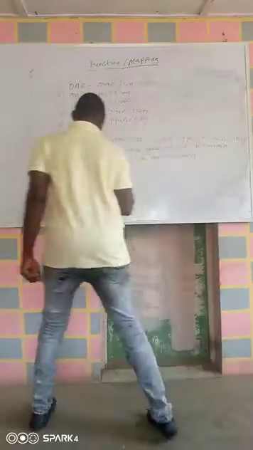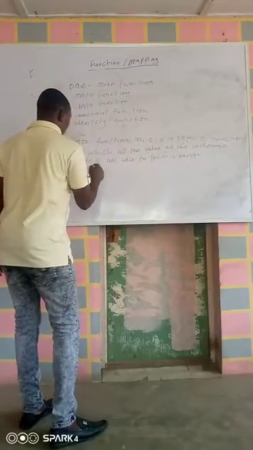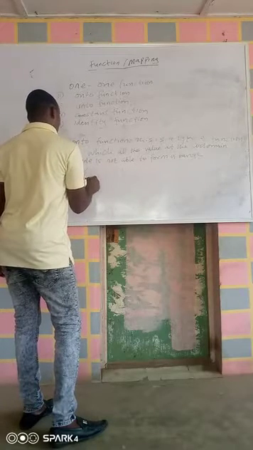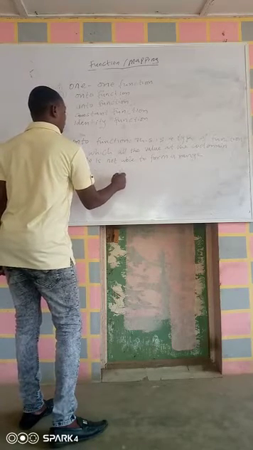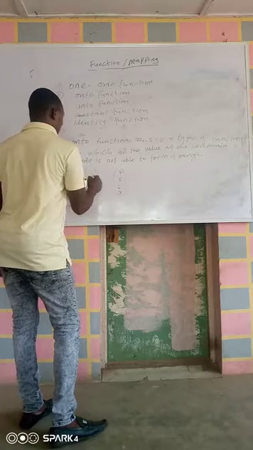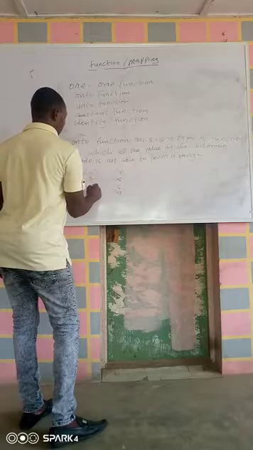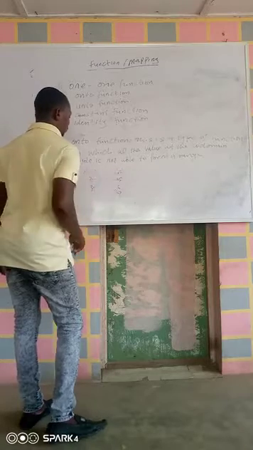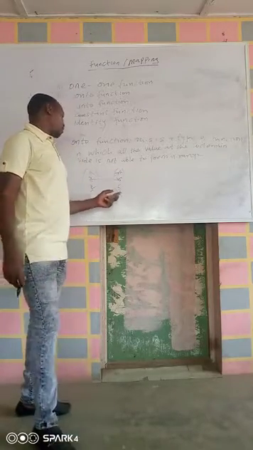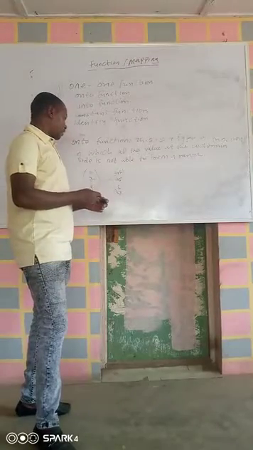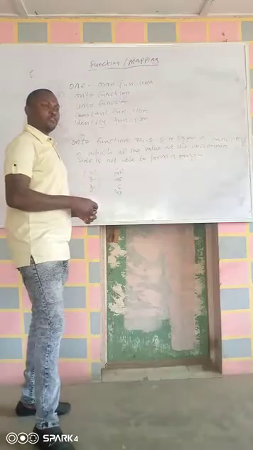Look at this arrow diagram: 1, 2, 3, 4, 5, 6, 7. Let's assume that 1 pairs with this, 2 pairs with this, 3 pairs with this. You see that 6 ought to pair, but since it's unable to pair, we say that 6 is not a range.